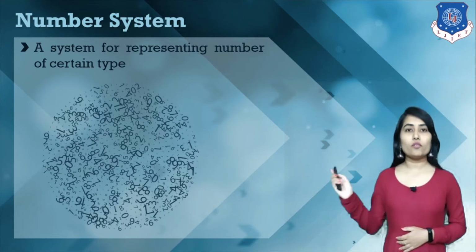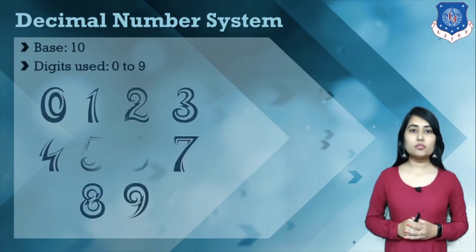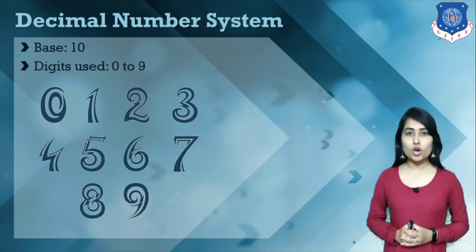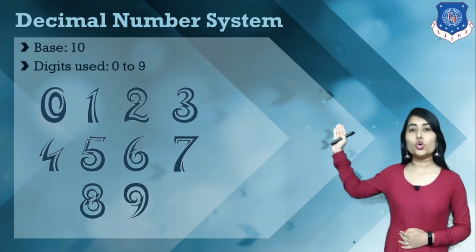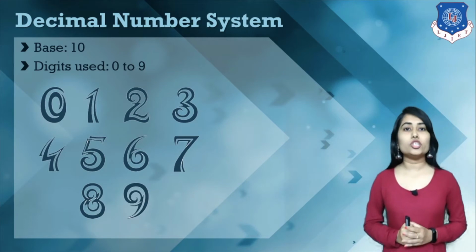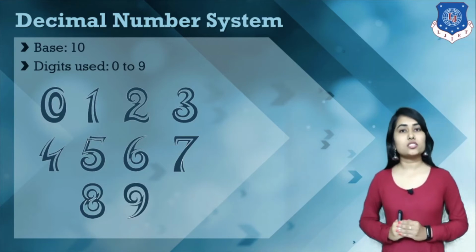First we have the decimal number system. In the decimal number system we have base 10, and the total number of symbols used are 0 to 9. In this decimal number system we have a total of 10 symbols. That's why the decimal number system has base 10.